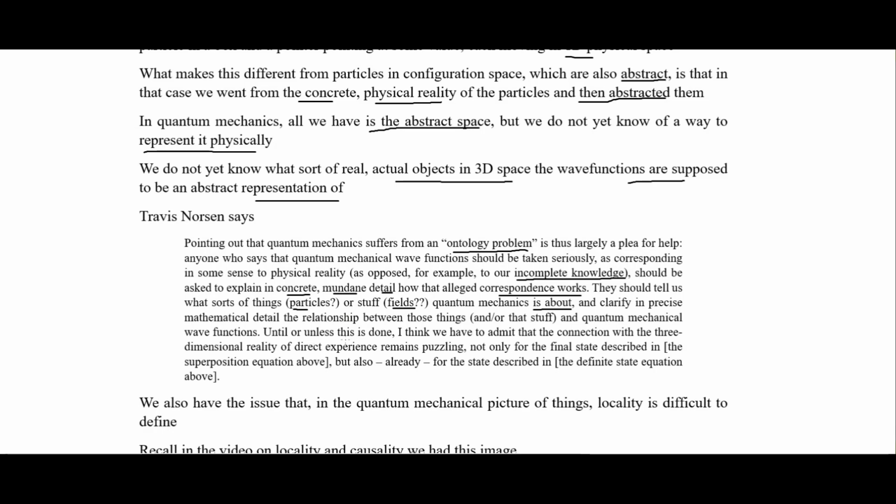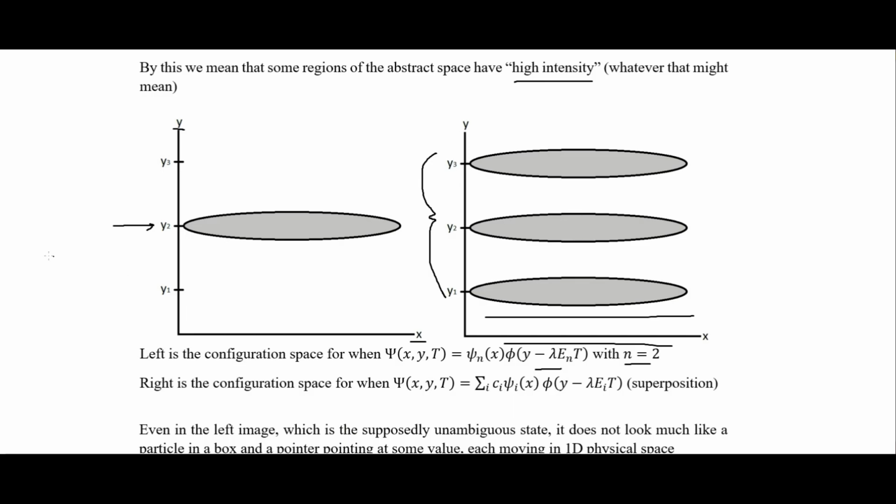Until or unless this is done, I think we have to admit that the connection with the three-dimensional reality of direct experience remains puzzling, not only for the final state described in the superposition equation we looked at above, but also already for the state described in the definite state position above, where this on the left was our definite state here.